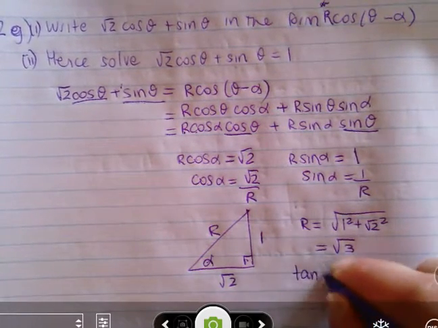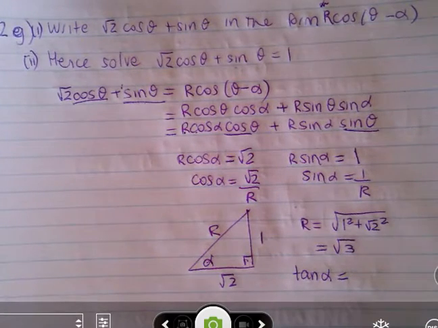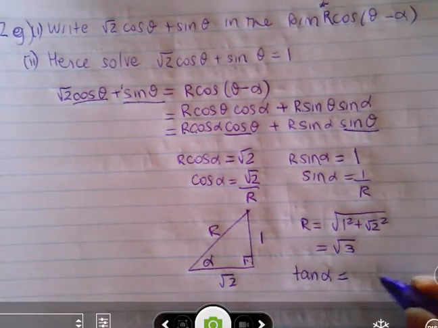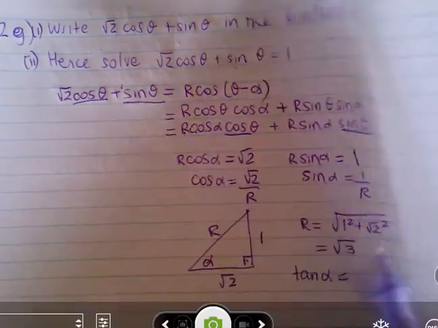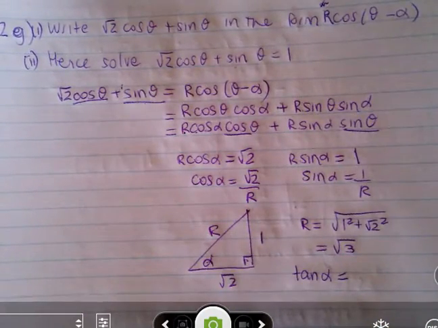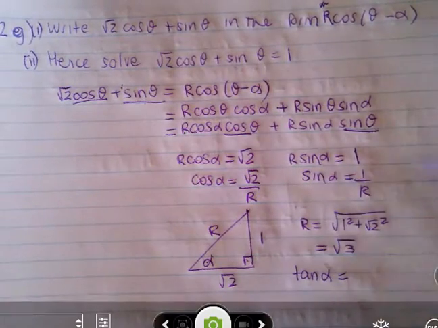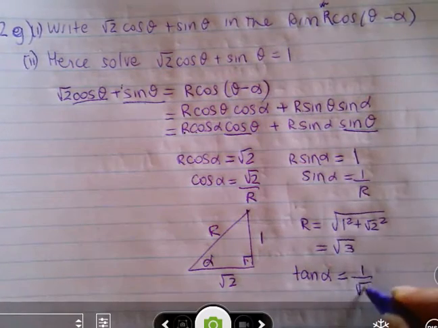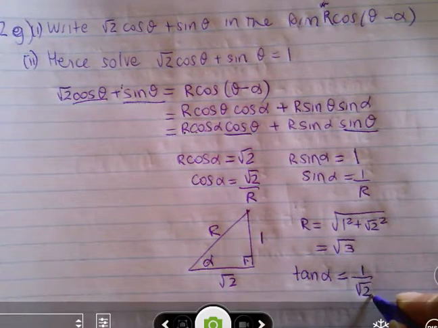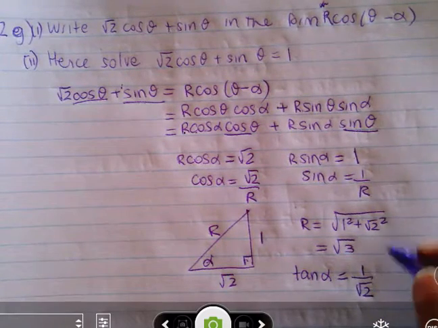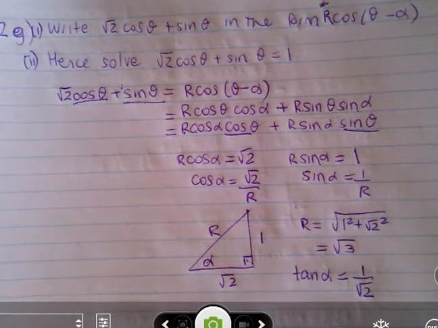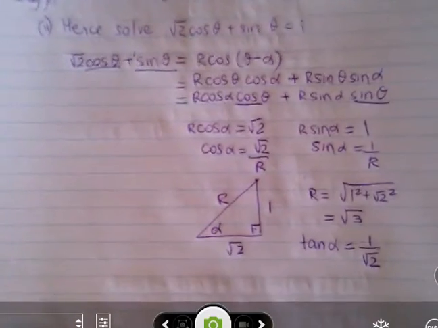And tan of alpha. So it's always r using Pythag and tan. You could use sine or cos here, but we just use tan because we've already got them. You don't have to worry about whether you've got r or not. Tan is 1 on root 2. That's not an exact value. Only sine alpha 1 on root 2 is.